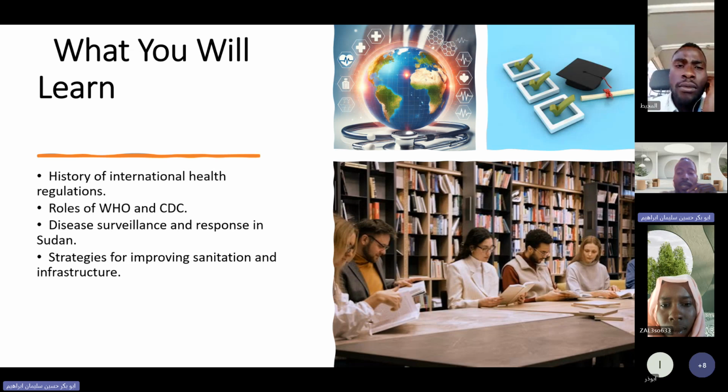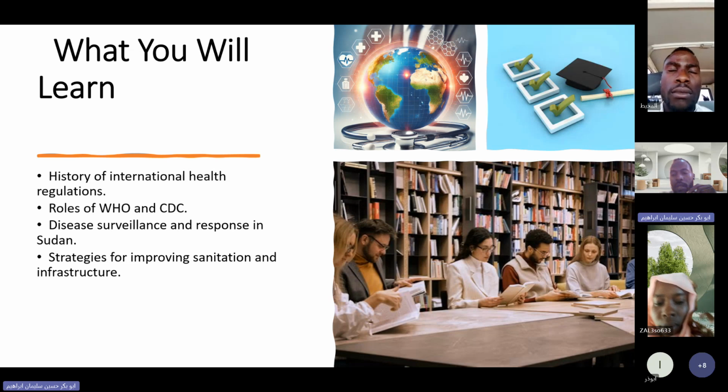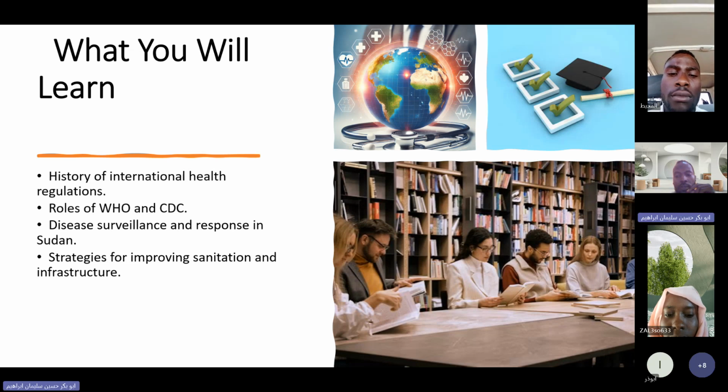It started in 1969. This was the first regulation by the World Health Organization to control infectious disease around the world, when they saw many infectious diseases moving from country to country. At that time, the WHO started the regulation for infectious disease.